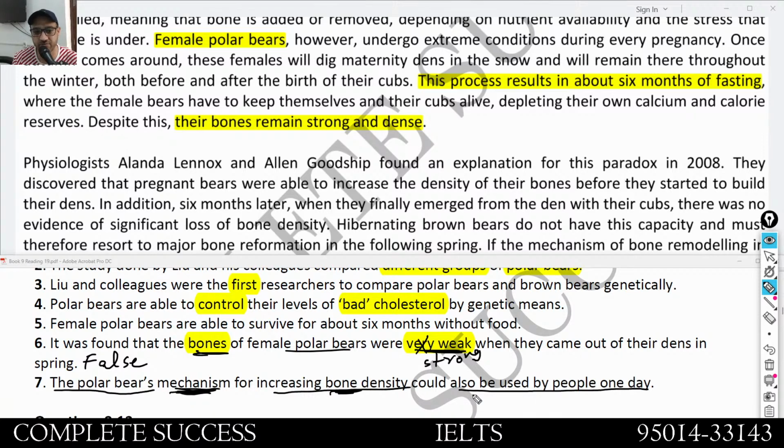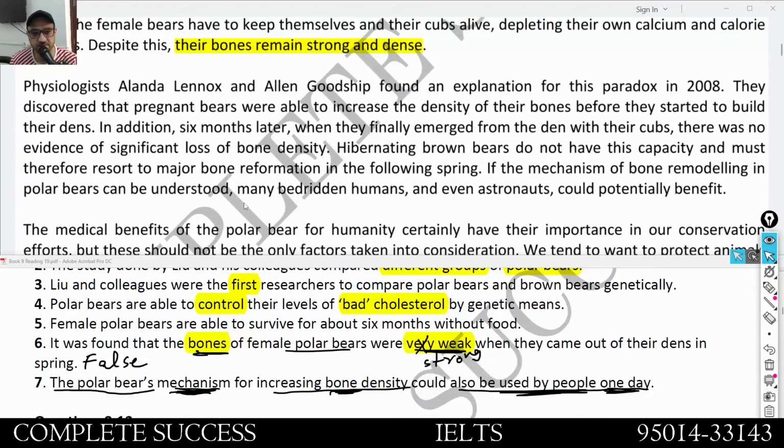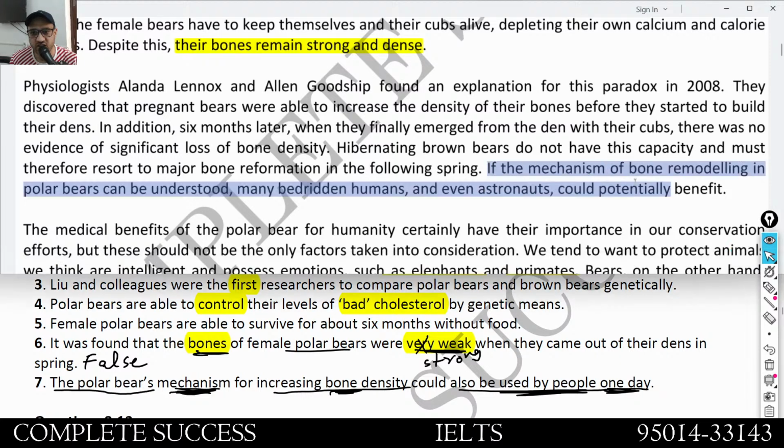So if that mechanism is known to people, then they can use it one day. So now, let's see. So if you read this much information, I think you will be able to answer the question.